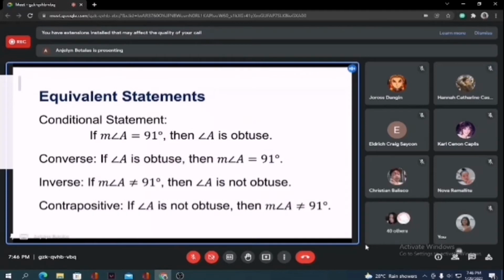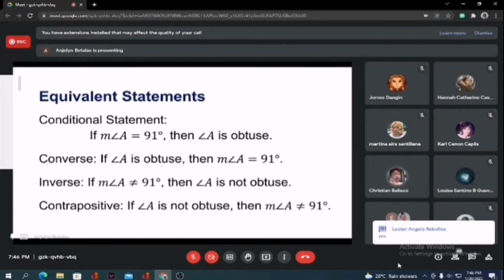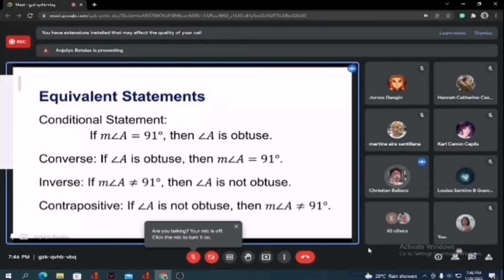Analyze. Is it true? No, class? No, ma'am. Yes. Okay, angle A is 91, so it is obvious.